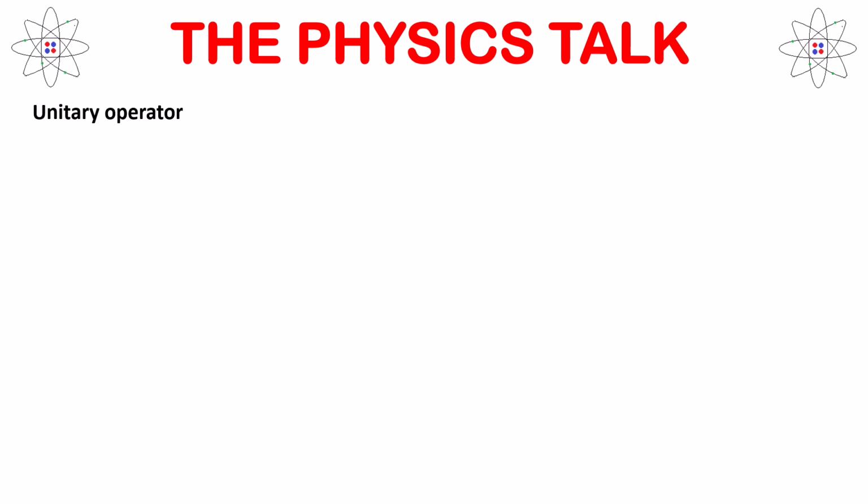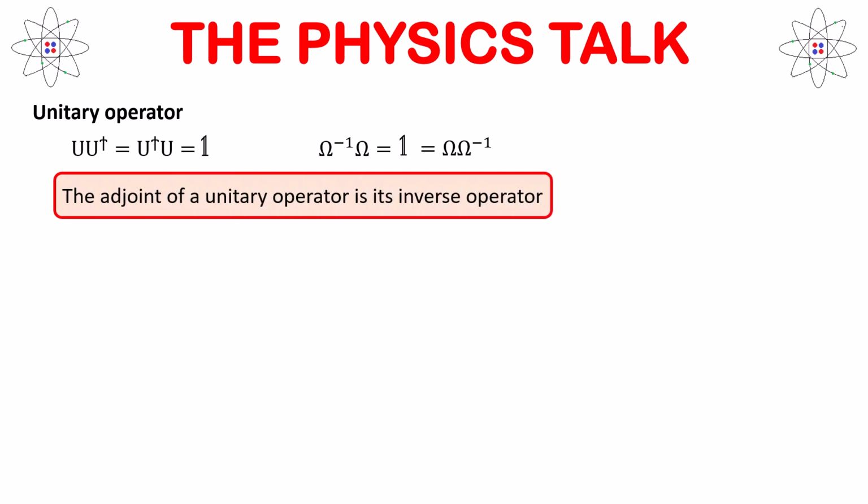If the product of an operator and its adjoint is the identity matrix, then the operator is called a unitary operator. Recall here that the same relation exists between an operator and its inverse. Hence, it can be concluded that the adjoint of a unitary operator is its inverse.